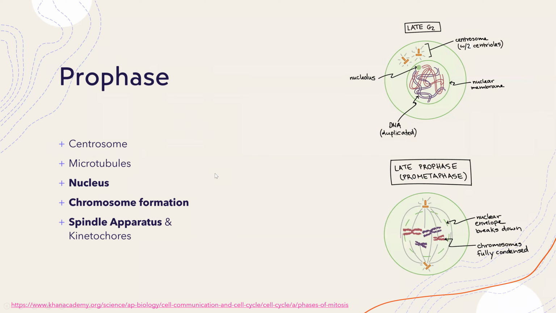So first we have prophase. A couple things I want you guys to know because they're super important is the centrosomes. A centrosome consists of basically a centriole, which is formed of 9 plus 2 or 9 plus 0 configuration of tubulin.